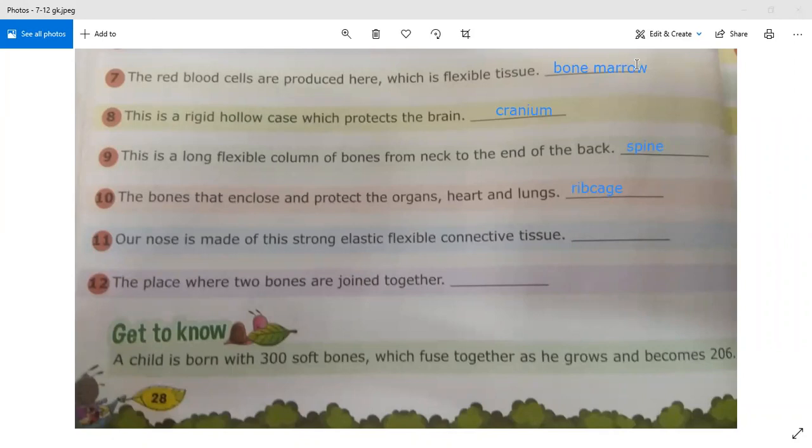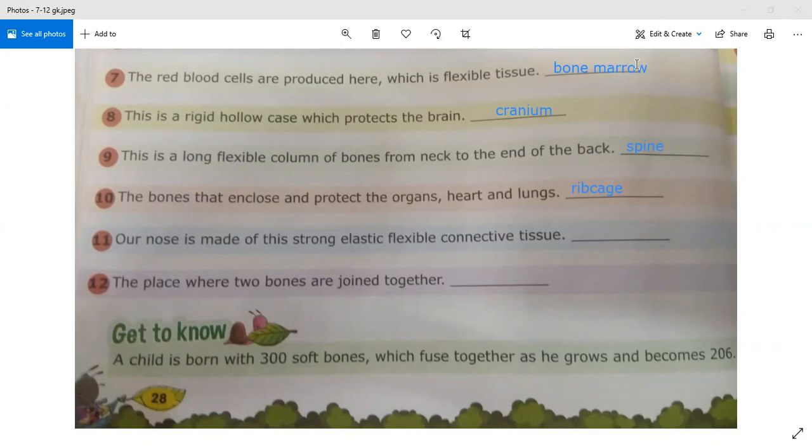Now after the 10th, we have the 11th fill-up. Our nose is made up of a strong, elastic, flexible connective tissue. All of you touch your nose. Do you feel there is one elastic and flexible connective tissue? Do this experiment. Touch your nose. Do you think it is strong enough? It has flexibility.